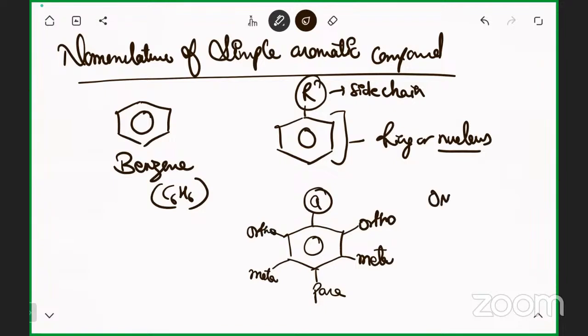So you can remember it like OMP, not OMG: ortho, meta, para. Clear? Okay, I'm making one compound. Tell me, is it ortho, para, or meta? This one.